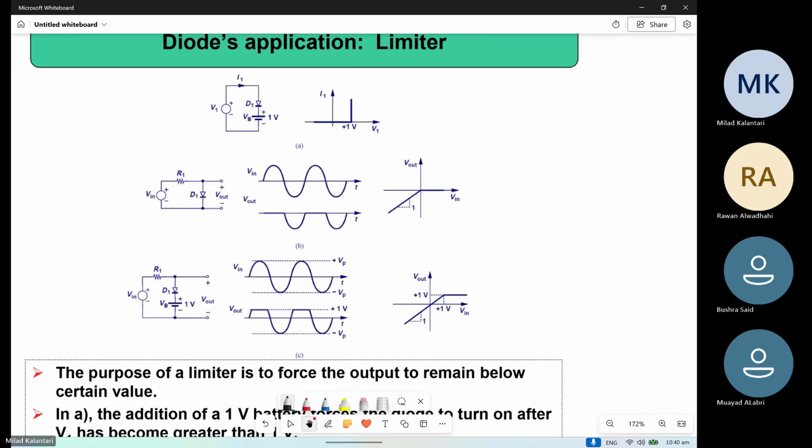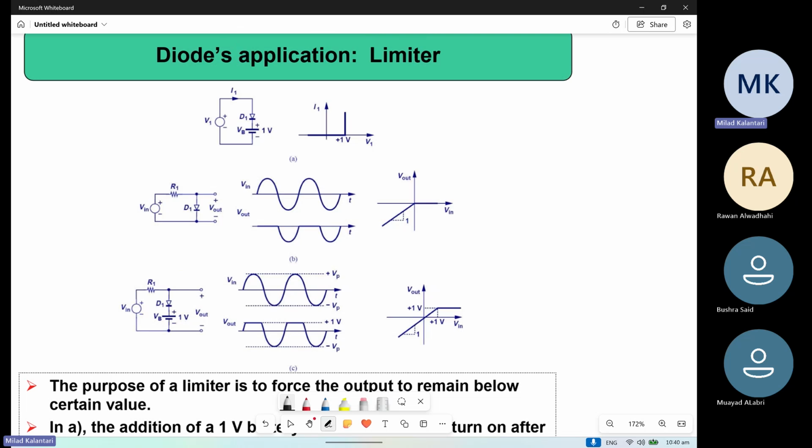One of the limiters we had already seen was this circuit. How is this circuit limiting? Basically, this circuit is limiting the output to 0 from one side. This is some sort of limiter, limiting one side of the signal to 0.